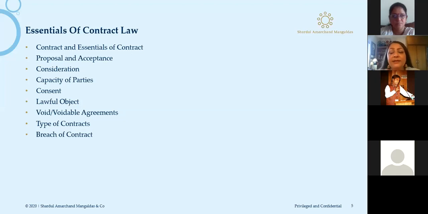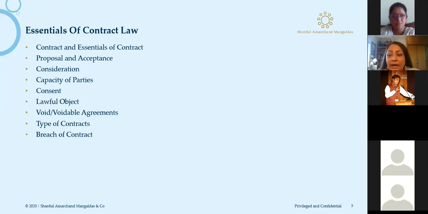And hence, when we are looking at contracts, what we understand is the capacity of a person. The person who's entering into the agreement has to have legal capacity, both from a standpoint of being an adult and having the mental capacity, of a sound mind, but also to be able to have the right under law to act.